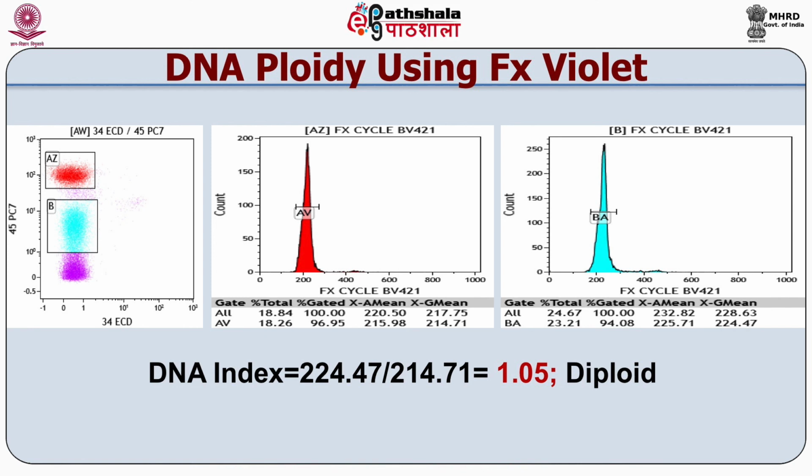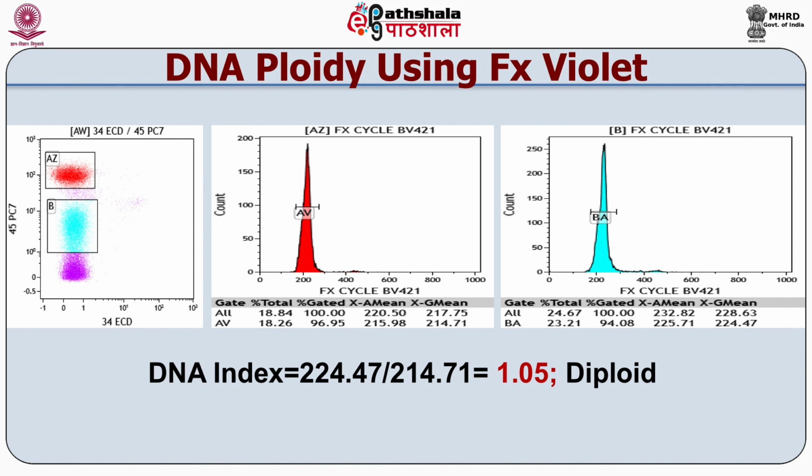In this example, you can see again the blasts have been gated using the differential expression of CD45 on them and discriminated from the red colored lymphocytes, which are very bright for CD45.